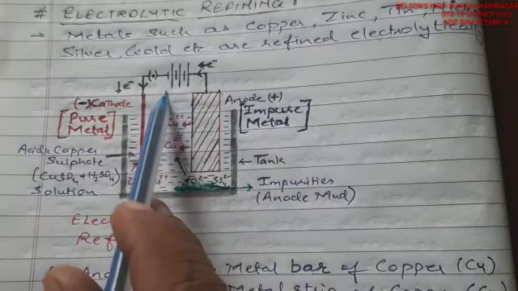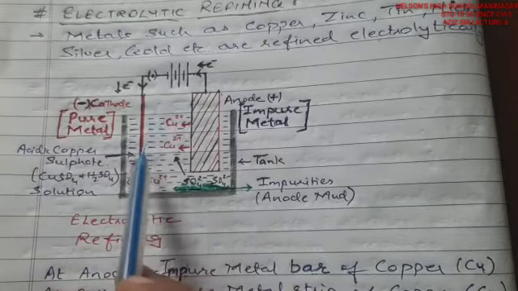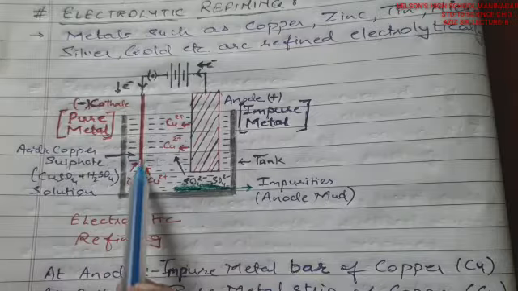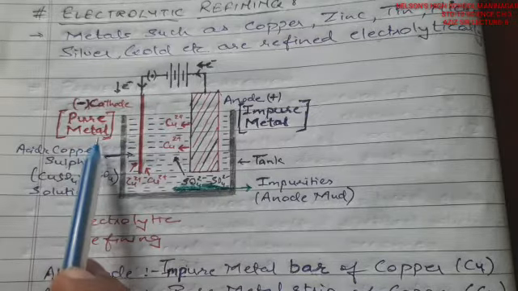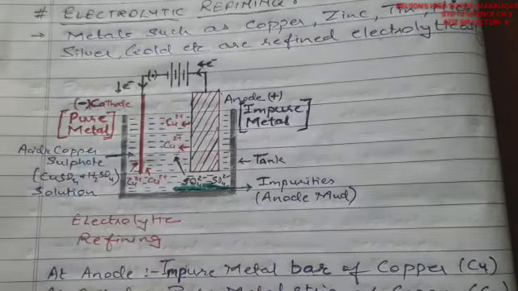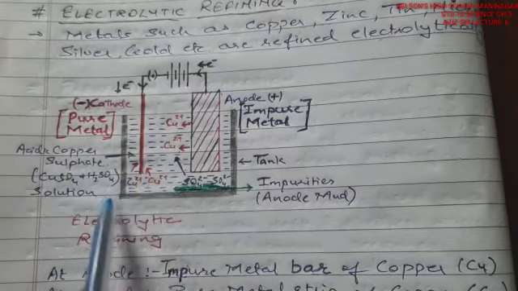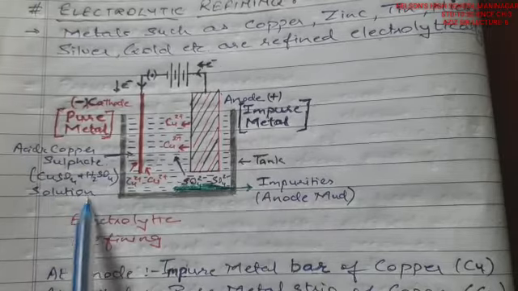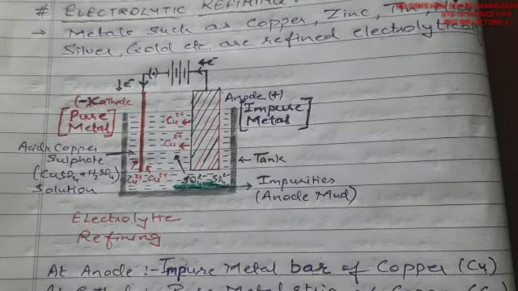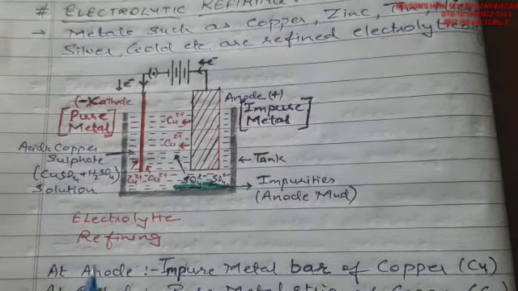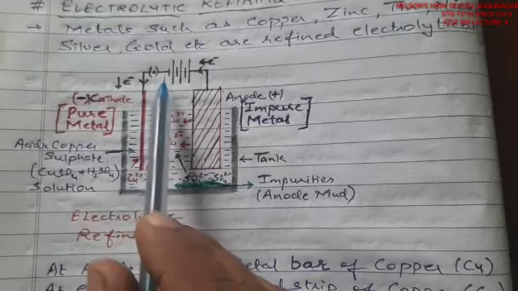On the negative terminal of the battery, a pure copper metal strip is connected. The solution of the same copper metal ion, copper sulfate, here acidified with sulfuric acid, is taken. Here is the negative terminal and this is the positive terminal.